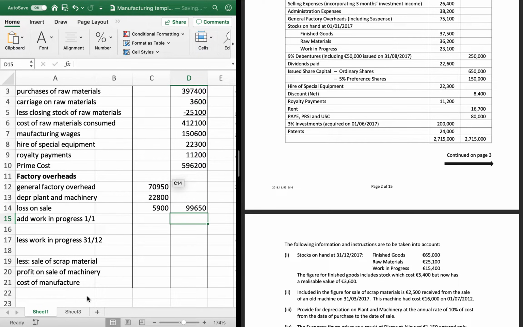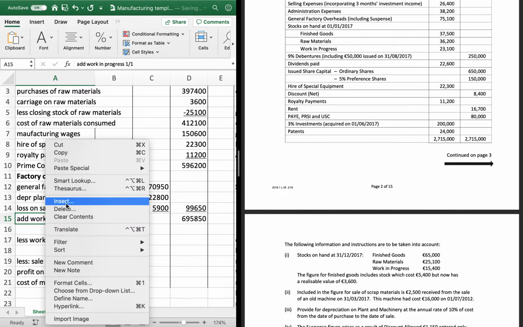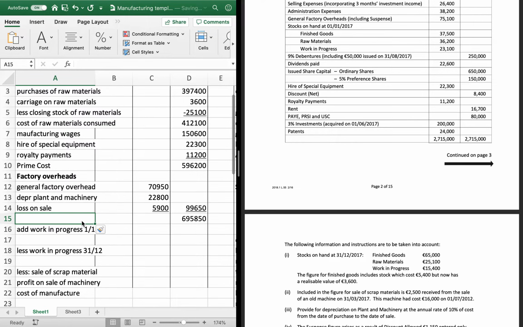So this is all about finding out a cost. So obviously your costs start growing. So none of them are actually reducing your costs. Now, the work in progress, that's your stock of work in progress.